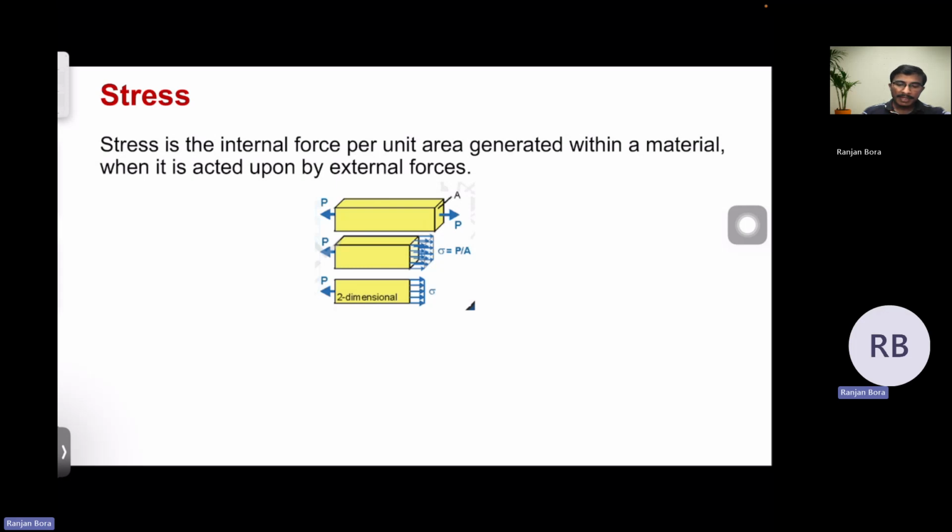So stress is defined as the internal force per unit area. You can see this definition here. Sigma equal to P divided by A. So the magnitude of this internal force will be equal to the magnitude of the external force P. And A is the cross-sectional area.